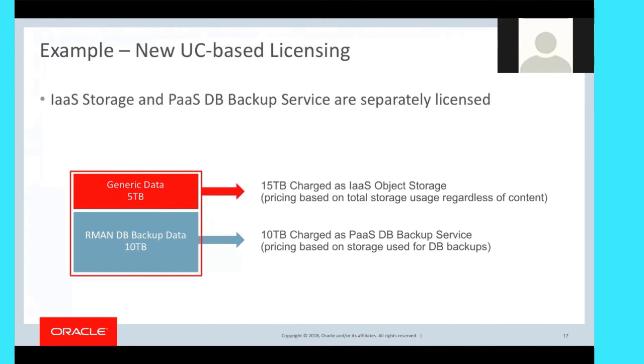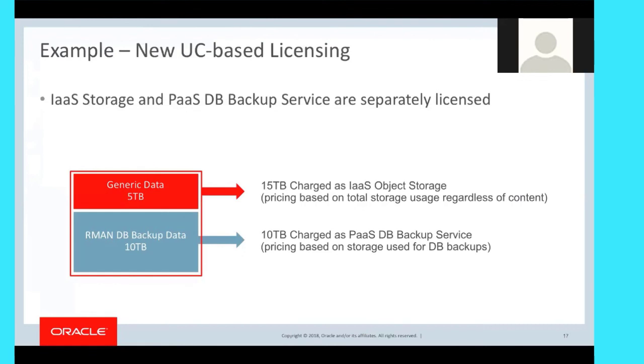For the database backup cloud service, customers are charged only for the additional cost, this little add-up cost. You pay for the object storage based on the infrastructure service you're using, and then you have this additional little charge for the database backup cloud service usage.